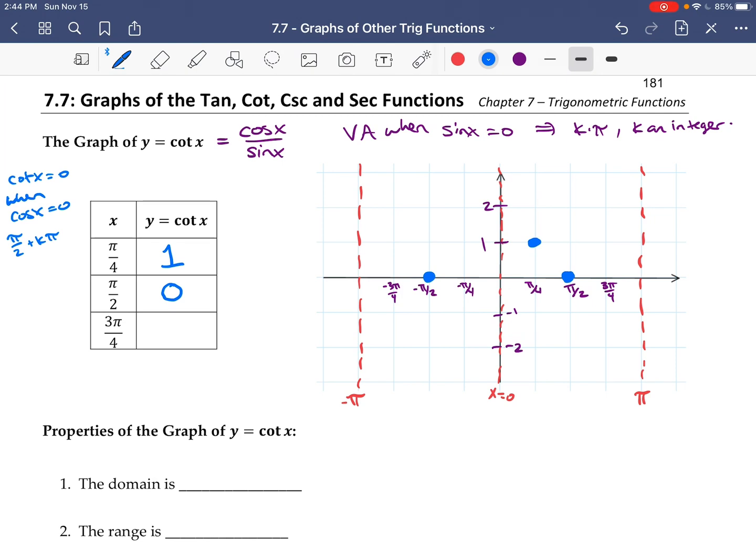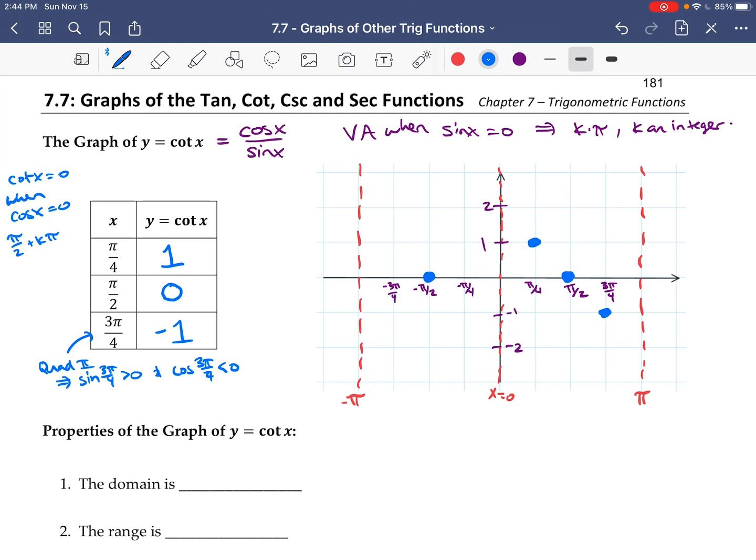This one is in quadrant 2. So that means that the sine of 3 pi by 4 is positive, and the cosine of 3 pi by 4 is negative. And they're the same, except one's positive, one negative, so this is going to be negative 1. So at 3 pi by 4, we're at negative 1.